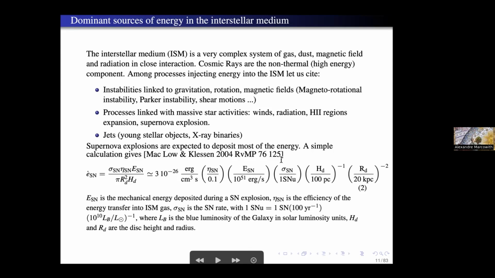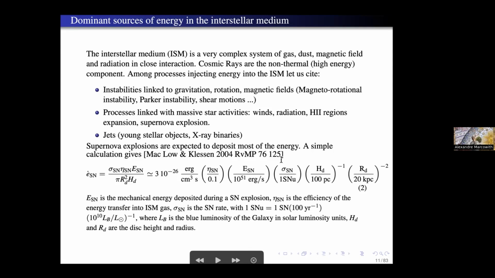So let's move to supernova energy input. You can calculate it by considering the typical mechanical energy deposited during a supernova explosion, around 10 to the 51 ergs. The efficiency in converting the energy transferred to the ISM gas has some uncertainty, but let's say 10%.